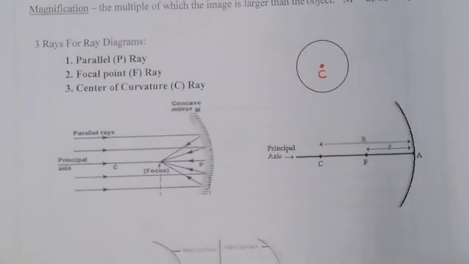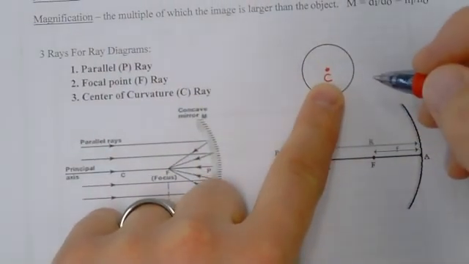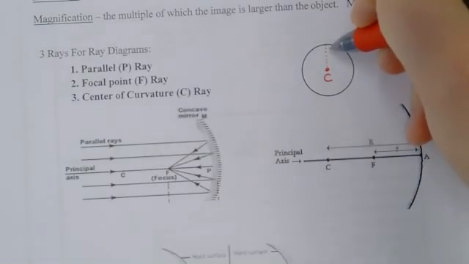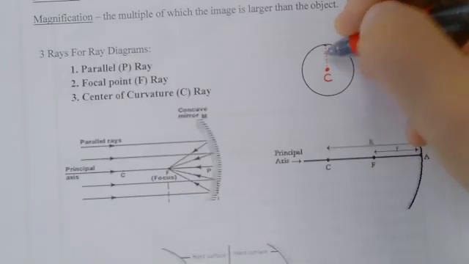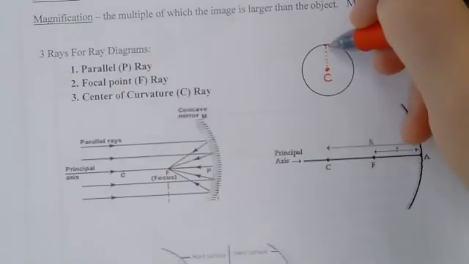So another thing to understand about the center of curvature is that if we take any light ray and make a line directly at the curved surface, it's going to hit at 90 degrees, or perpendicular, or normal, and then it would bounce straight back. Since it's hitting at 90 degrees, because of the law of reflection, it's coming at an angle that's 0 degrees from the normal.